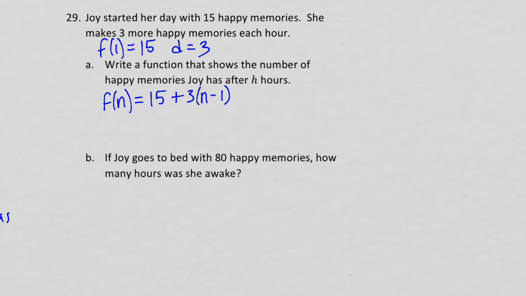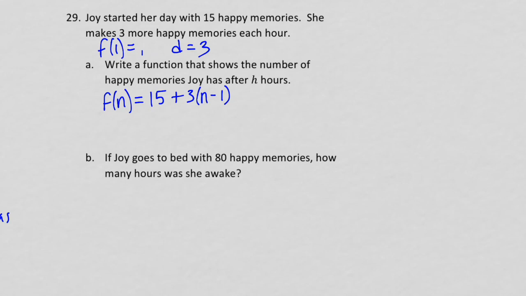Actually, you know what? I'm setting this up incorrectly, because if I read it more carefully, it says that Joy started her day with 15 happy memories. She makes 3 more happy memories each hour. So f of 1 is not 15. f of 1 means after 1 hour. She started with 15 before she even made happy memories. After 1 hour, she already has not 15, but 18.